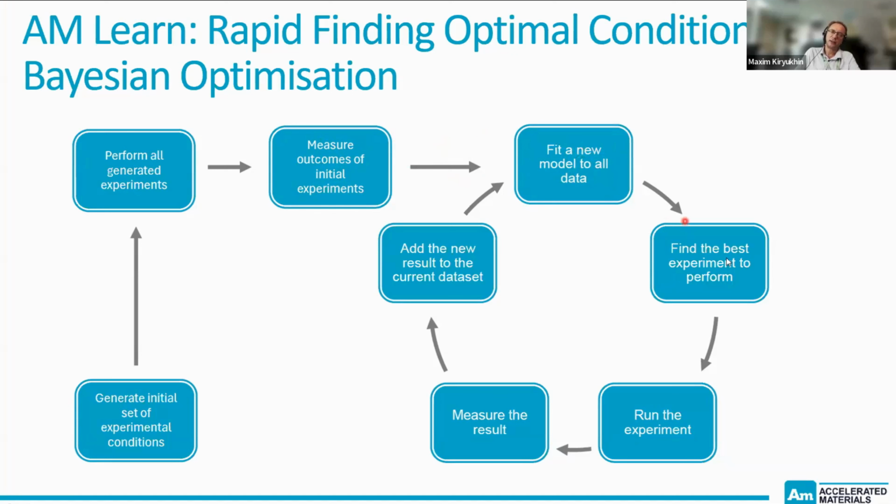And then it finds the best experimental conditions to achieve your project objectives. It gives us the process conditions, we run experiments again, measure results, and add these results to the current database. With a few iterations, usually we can achieve material within the specs which we are going to get.